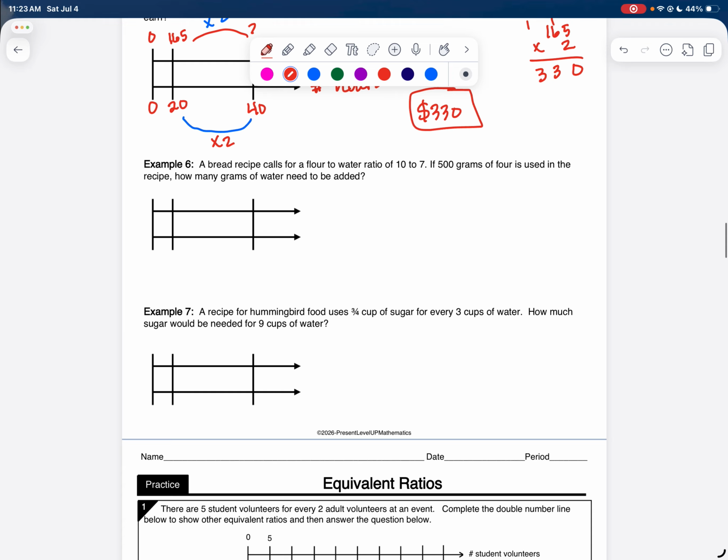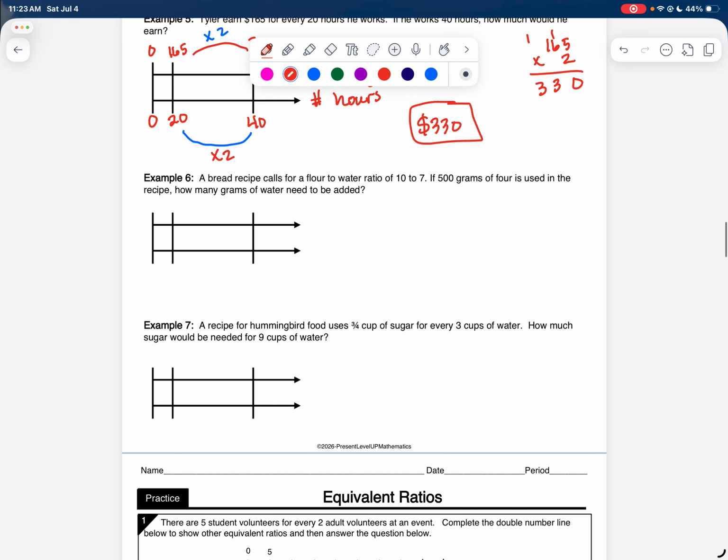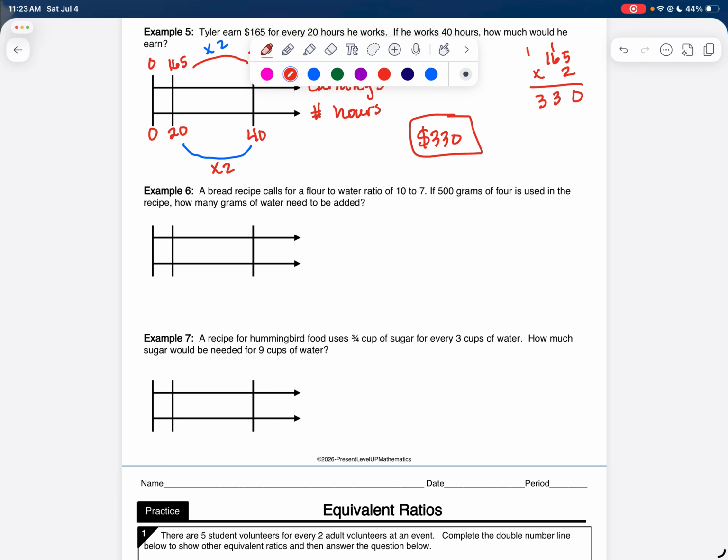All right. Problem 6. A bread recipe calls for a flour to water ratio of 10 to 7. If 500 grams of flour is used in the recipe, how many grams of water would need to be added? All right, so let's start by setting up our double number line. We are comparing flour to water. This is always 0, 0.